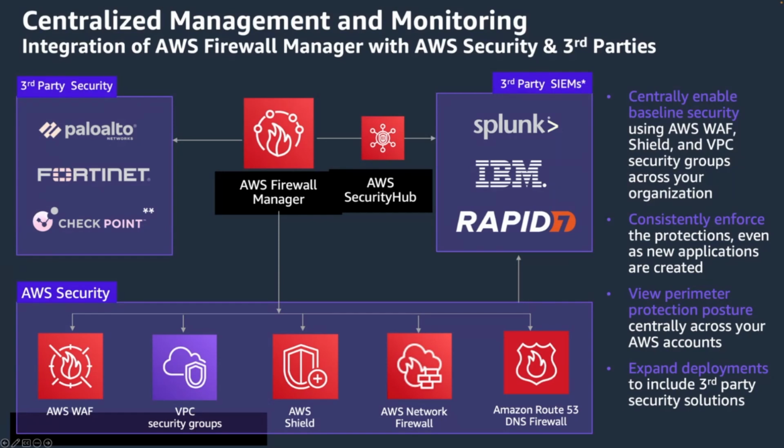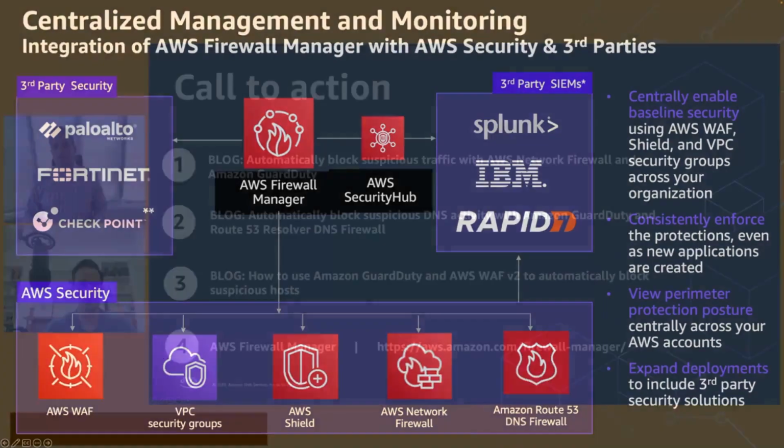So in addition to managing them, any findings related to those services, AWS Firewall Manager is able to send to AWS Security Hub, and then integrate with some of your more common SIEMs, such as Splunk, IBM QRadar, or Rapid7.